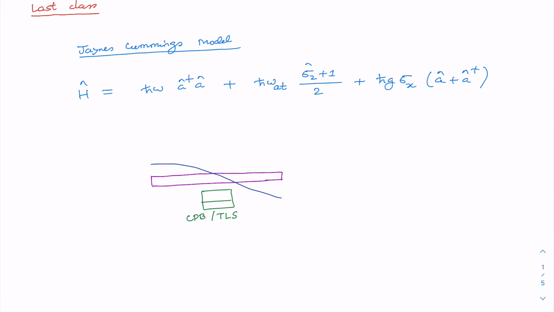In the previous lecture, we started discussing the famous Jaynes-Cummings model, which described the interaction between a field mode and a two-level atom or system. In our case, the field mode is a microwave field in a transmission line resonator.